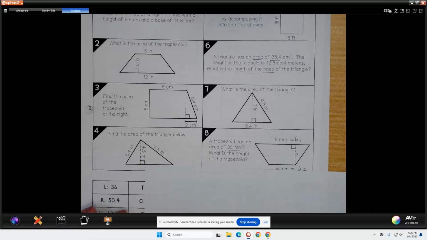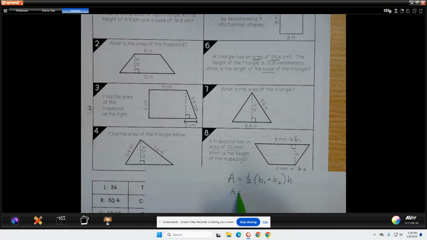Number 8 says a trapezoid has an area of 35 millimeters. What is the height of the trapezoid? So a trapezoid, your formula is area equals 1/2 B1, that's base 1 plus base 2 times the height.